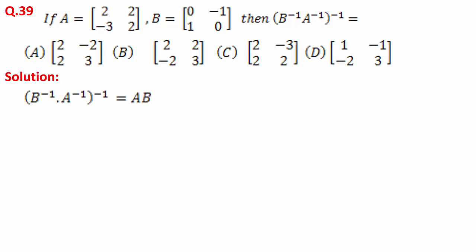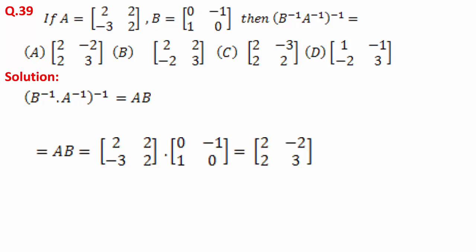Solution. (B inverse A inverse) inverse is nothing but AB by reversal law. That is AB equal to matrix 2, 2, minus 3, 2 multiplied by matrix 0, minus 1, 1, 0. By multiplication we get the matrix 2, minus 2, 2, 3. Hence correct option is A.